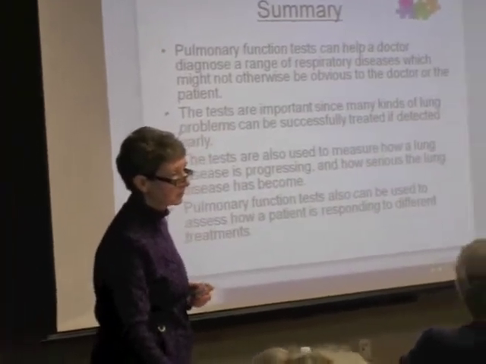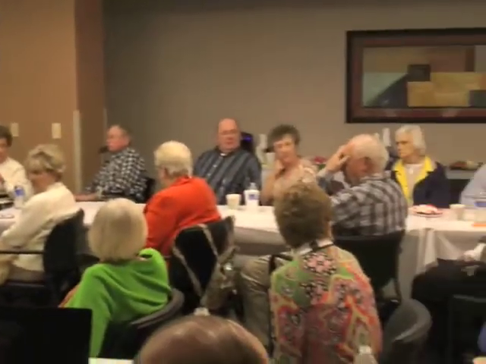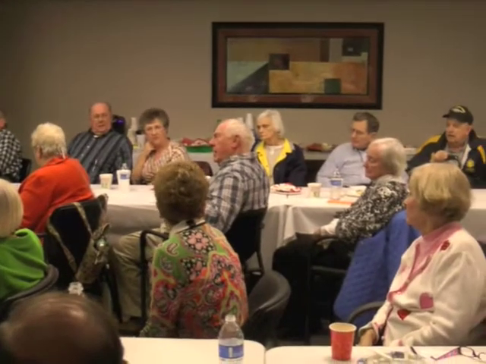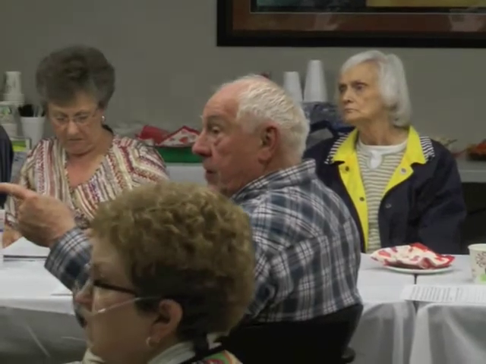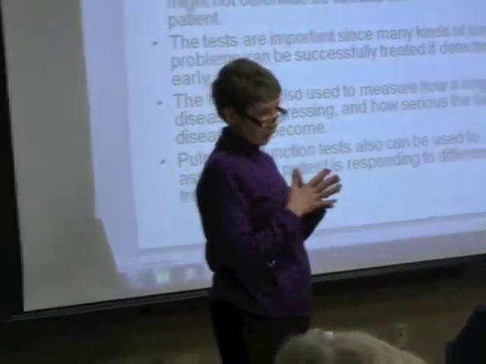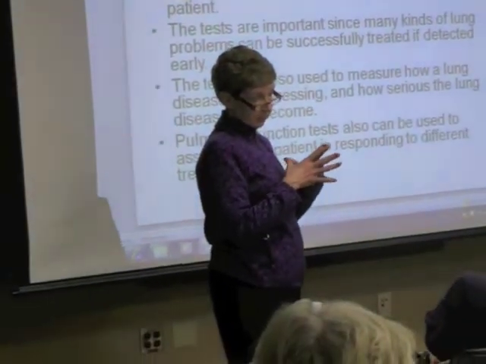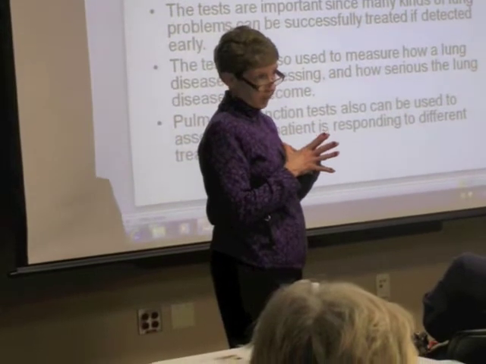Yes, sir? This diffusion number, the little devices that you put on your finger or whatever, in percentage, is that the diffusion? No, that is not. That little thing, and it's a wonderful tool, measures the percentage of your hemoglobin that's actually saturated with oxygen.